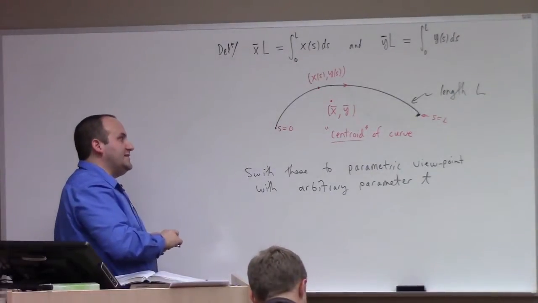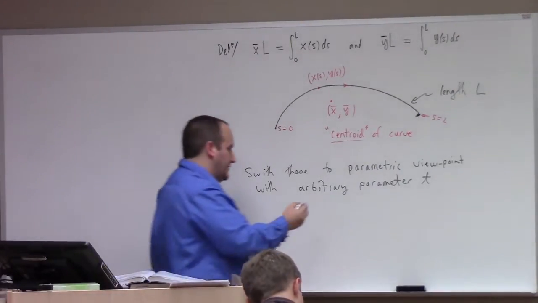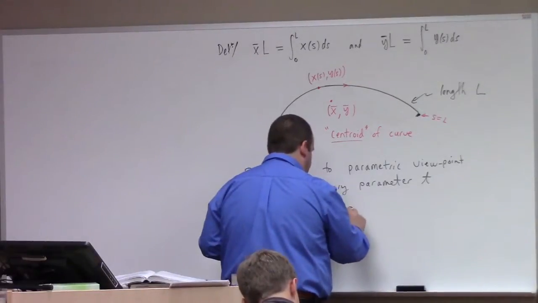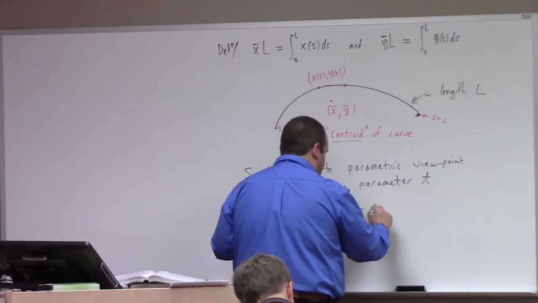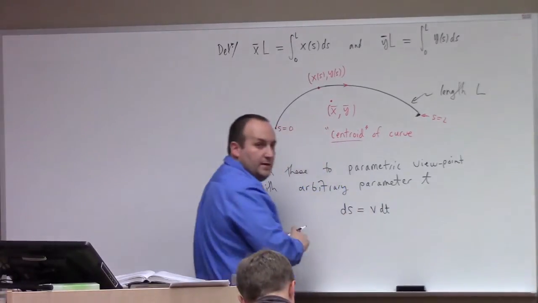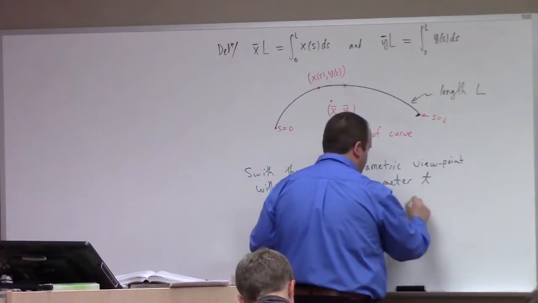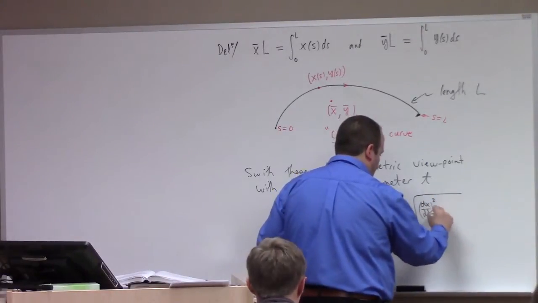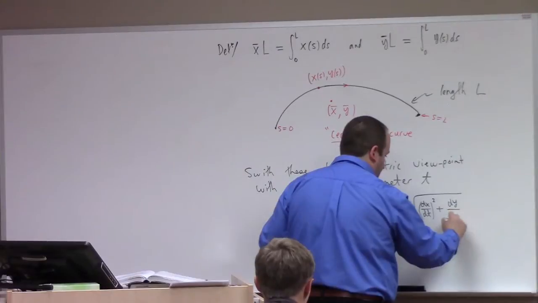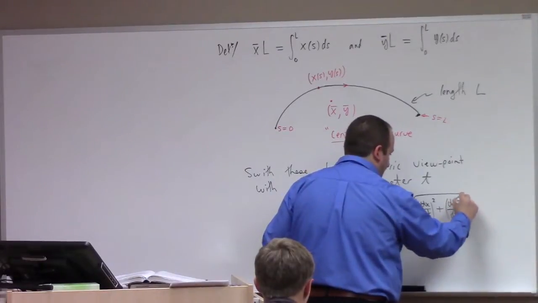So to relate ds to dt, how do we do it? Well, we have this already, right? ds is equal to v dt, which is the square root of (dx/dt) squared plus (dy/dt) squared, dt.